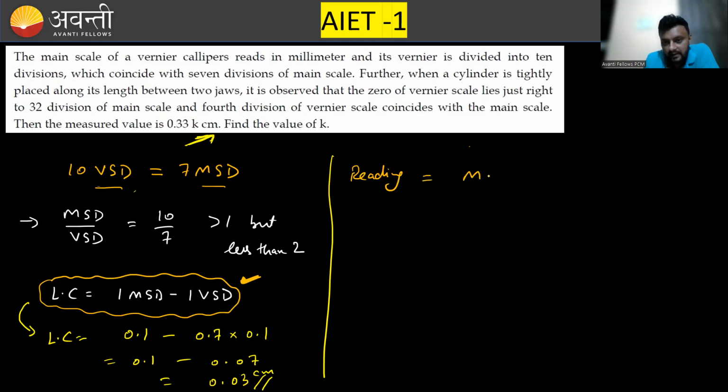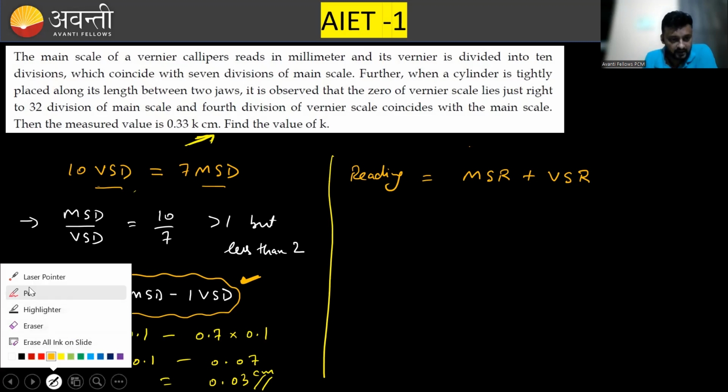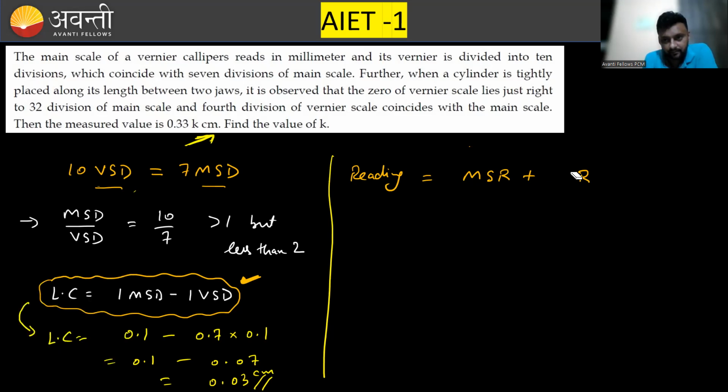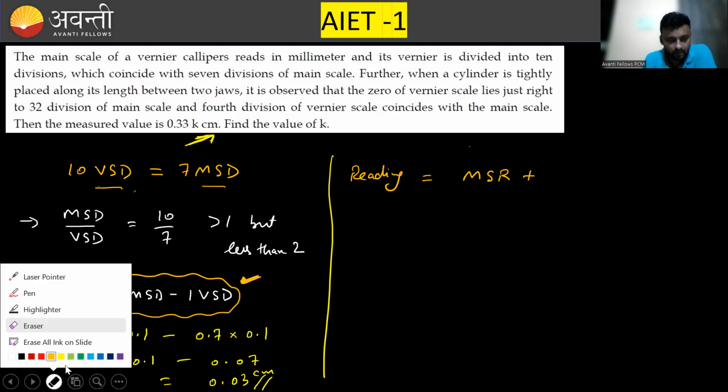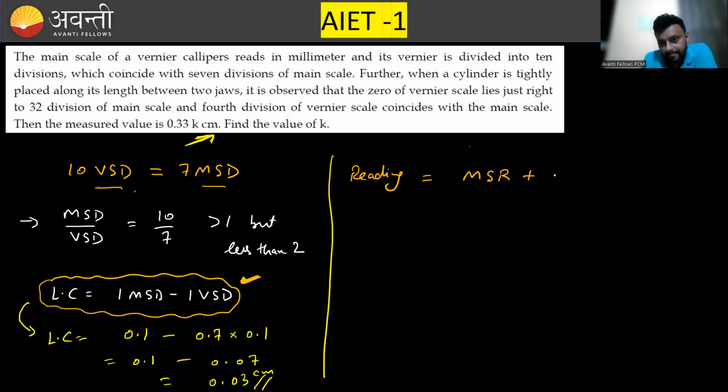That is main scale reading plus vernier scale reading plus minus error. There is no error mentioned. So I am just writing main scale reading plus vernier scale reading, which you can write as n into least count. This is how vernier scale reading is taken.